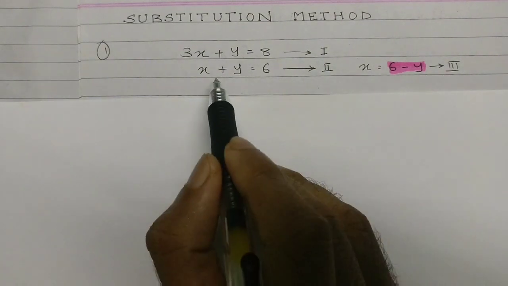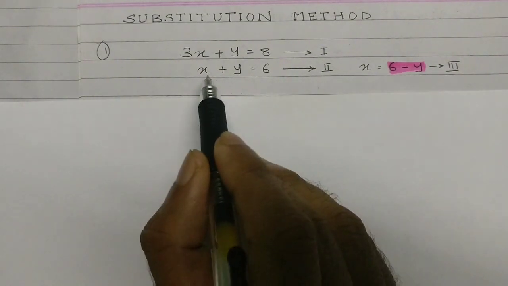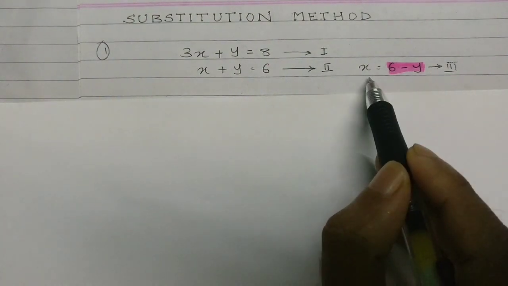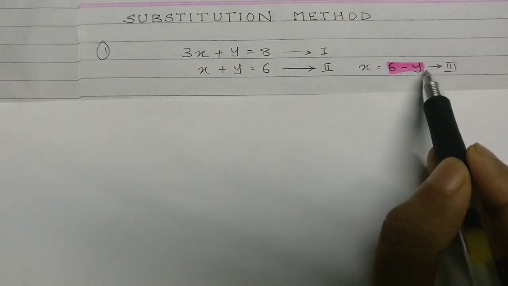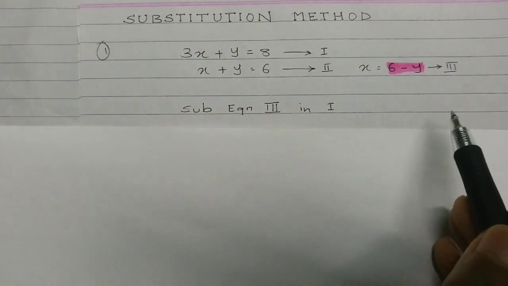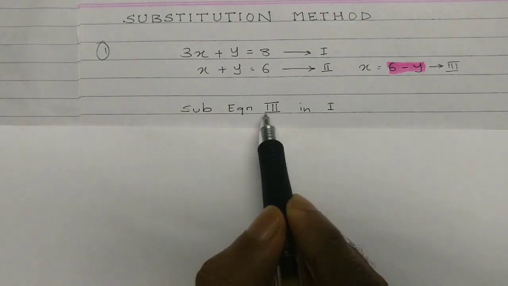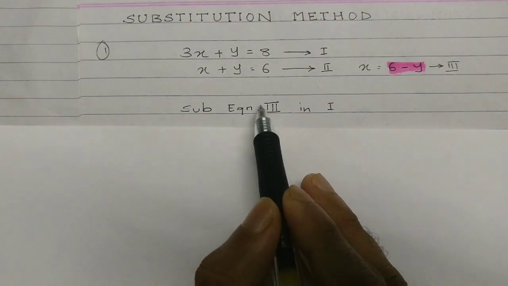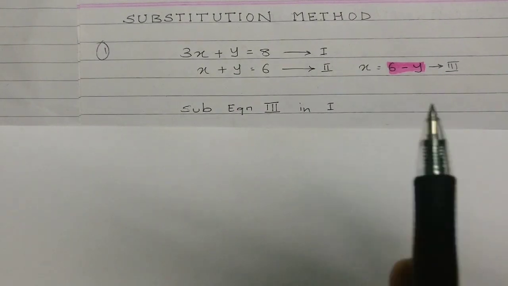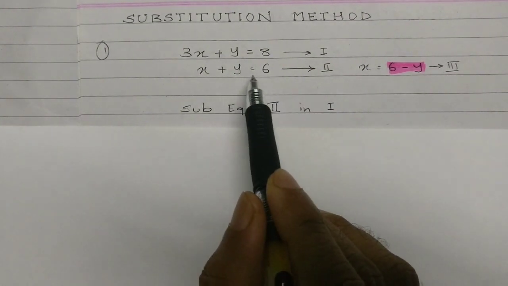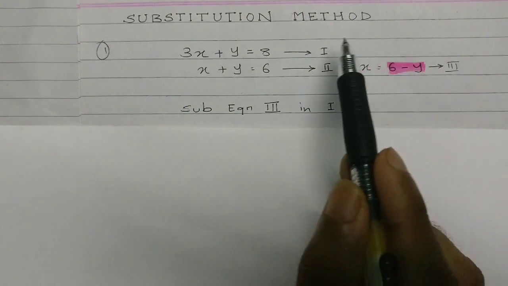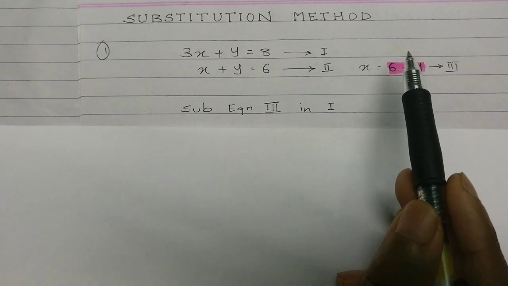Okay, so I have reframed this equation to a new form, that is, 6 minus y is equal to x, and I will call it equation number 3. Now I will substitute my newly created equation, that is 3, in equation 1. Keep in mind, the equation that you have changed will go in the equation which you haven't touched at all.